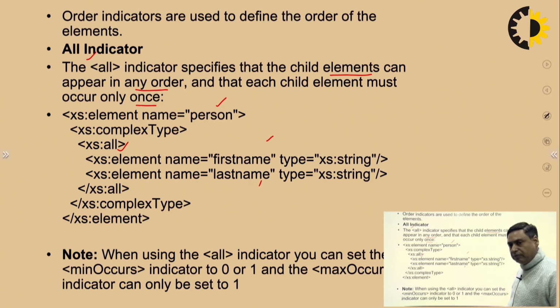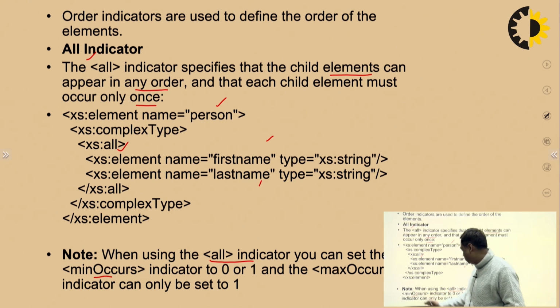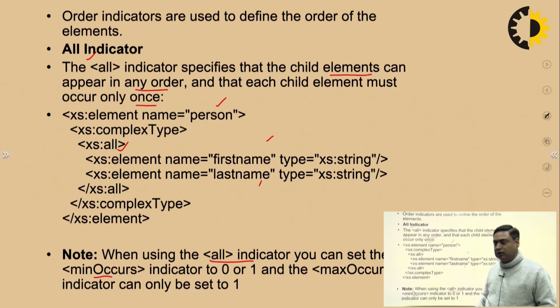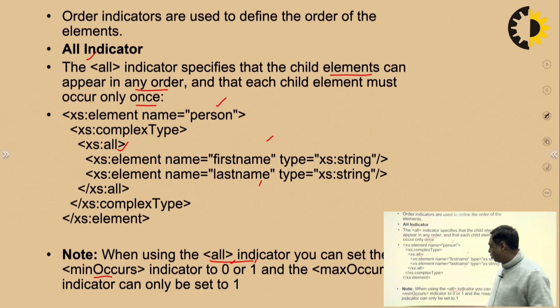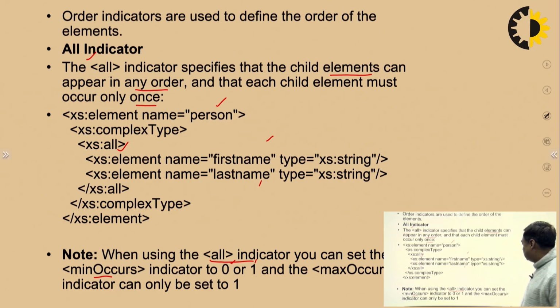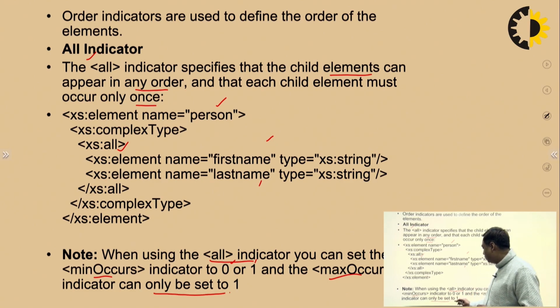In the note we have written, if you are using the all indicator, you can set min occurs, which we will discuss in the coming slide, as 0 or 1. By default the value of min occurs is 1. It is possible that you can set it to 0 also. For the max occurs, if you are using the all indicator, you can set it only to 1.